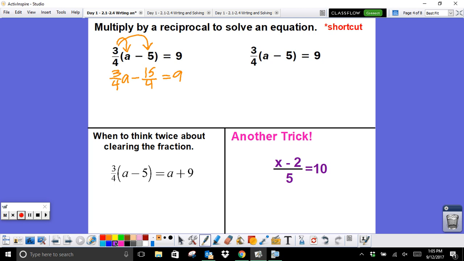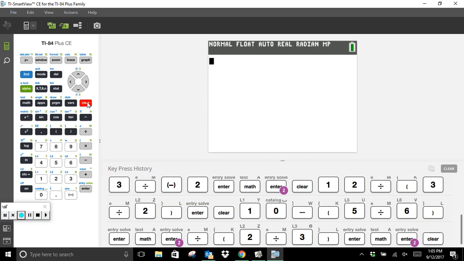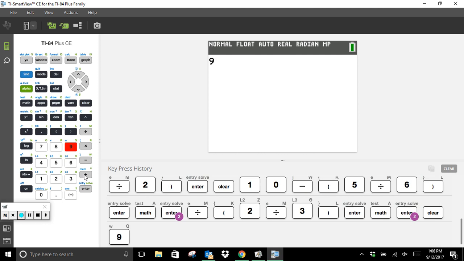Okay, now I need to get A by itself. So I need to add 15 over 4 first. So I have 3/4 A equals, okay, I don't want to do 9 plus 15 over 4 in my head. So I'm going to go to my calculator, and I'll do 9 plus 15 over 4, which needs to go in parentheses.